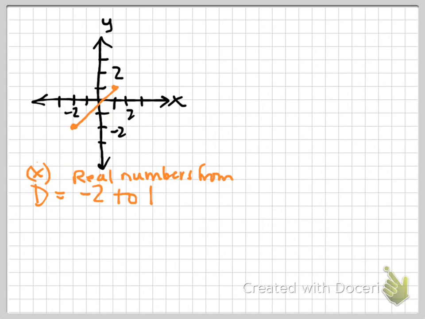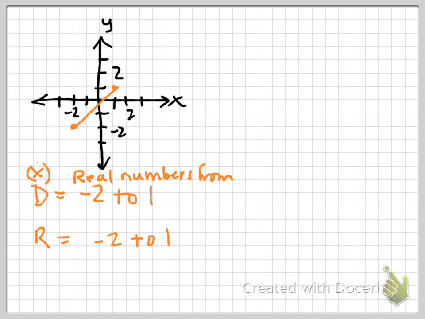Okay? Range-wise, we're going to do the same thing. What's the lowest point that it hits? It goes down to -2. And what's the highest point that it reaches? It goes up to 1. Does it only include integers, or does it also include fractions and decimals?